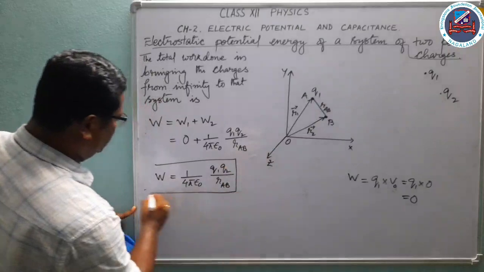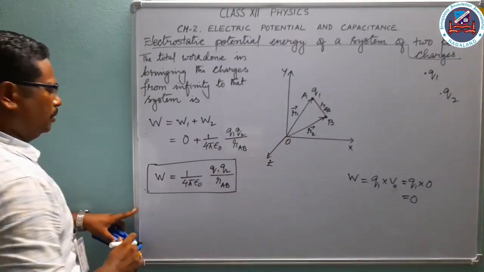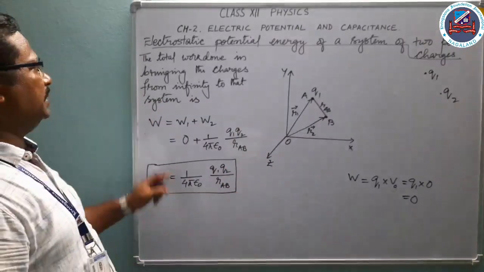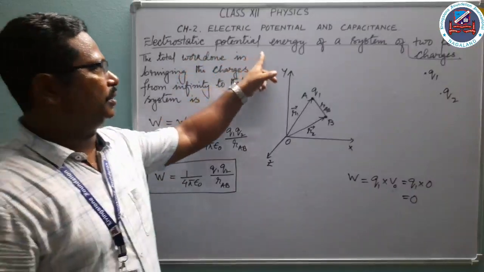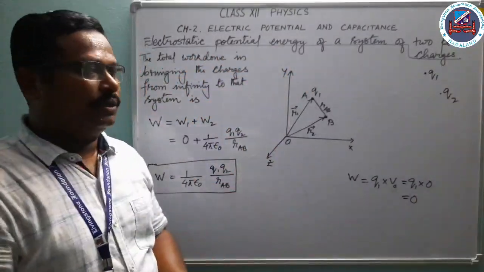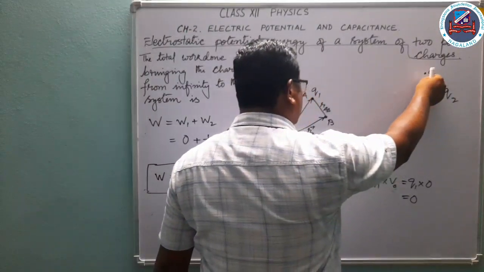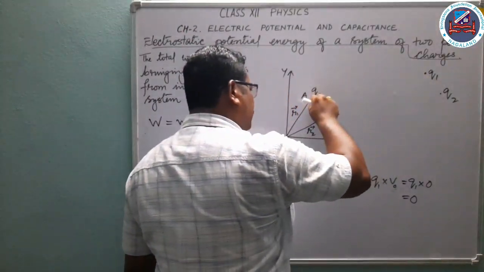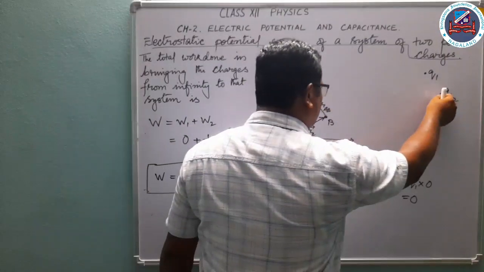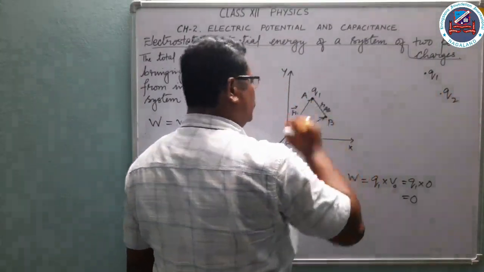This gives us the expression for work done, and this work done is a measure of electrostatic potential energy, because we brought the charges. When we brought the charges from infinity to this position, we have done some work. This also, while bringing, we have done some work.